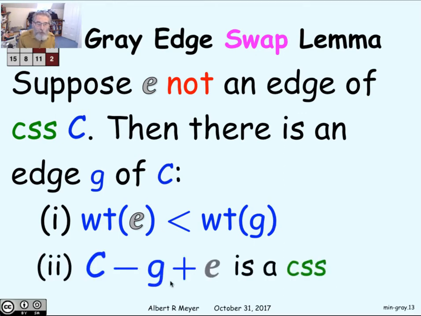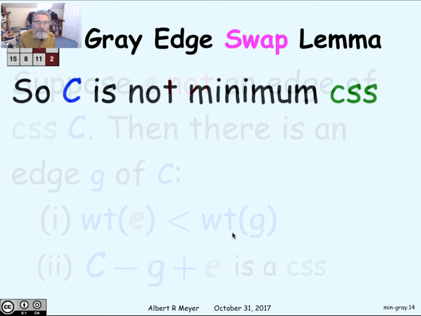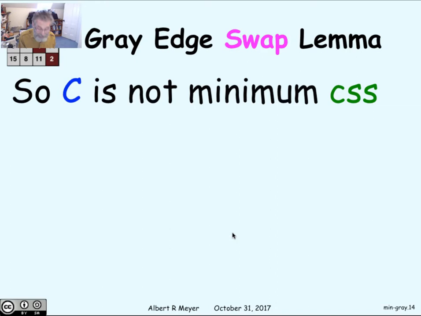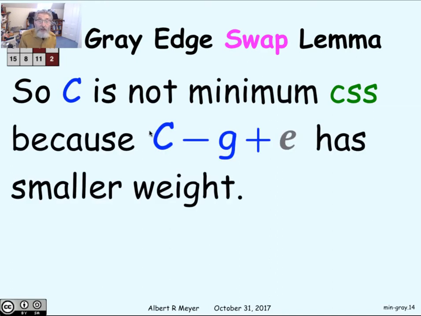And if you remove G and add E to C, you get another still connected spanning subgraph. Because the weight of E is less than the weight of G, it follows that the original C is not minimum, because when I take away the heavy edge and add in the light edge, it's smaller.